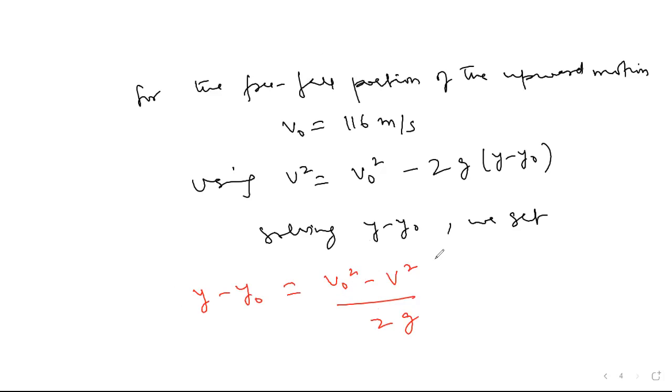So we solve for y minus y naught, that is v naught square minus v square over 2g.